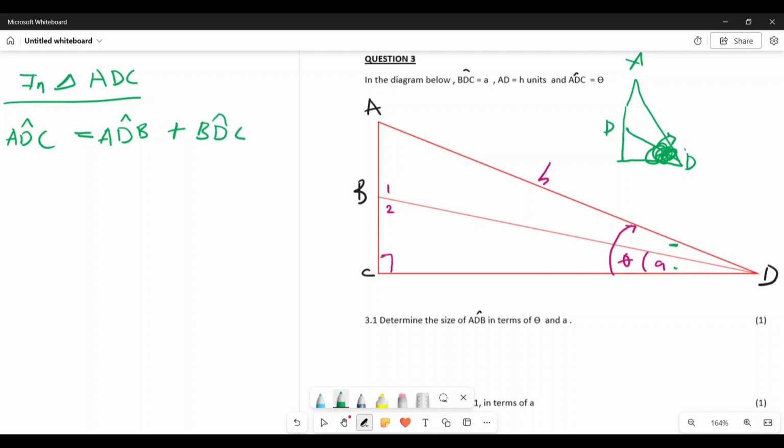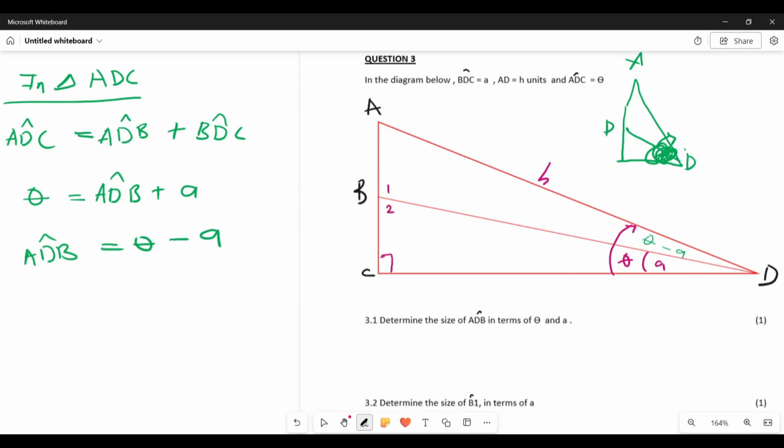This makes up the whole angle ADC. Now, ADC, I was told, is equal to theta, and angle ADB is what I'm trying to solve for. I'm just going to write it as angle ADB plus BDC. Now my BDC is equal to A. As a result, my angle ADB is equal to theta minus A, right? So let me just write that there.